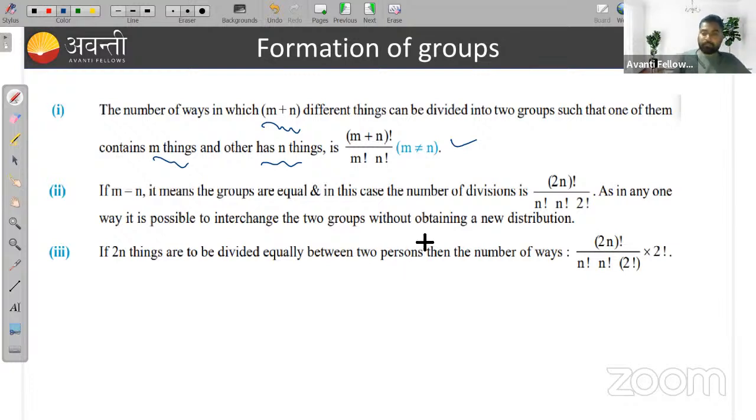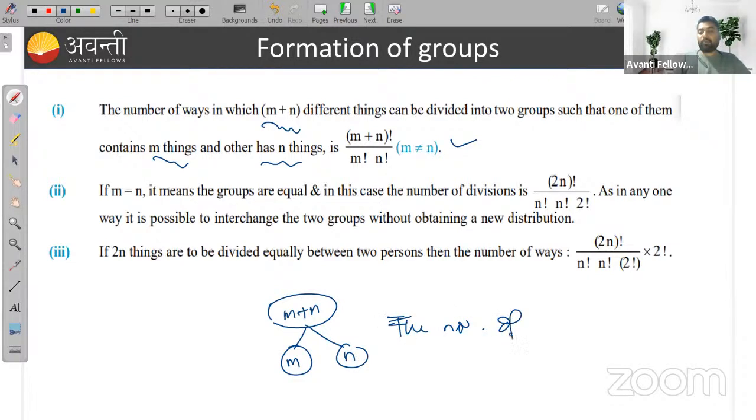The simplest way is you should remember this formula. Suppose we have m plus n objects and we need to divide these into two groups of size m and n. The number of ways will be (m plus n) factorial upon m factorial into n factorial.